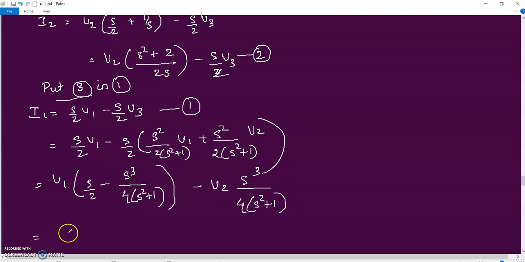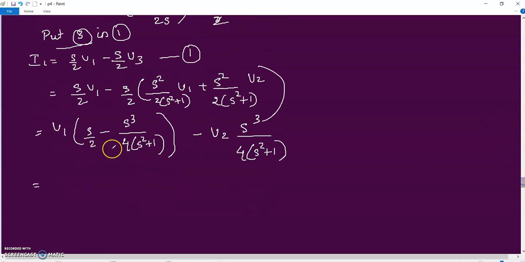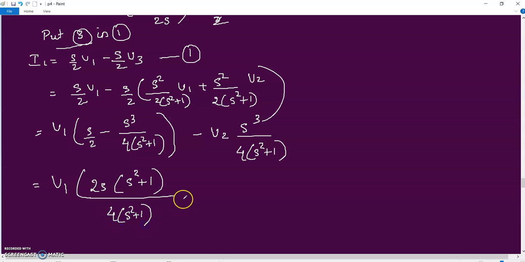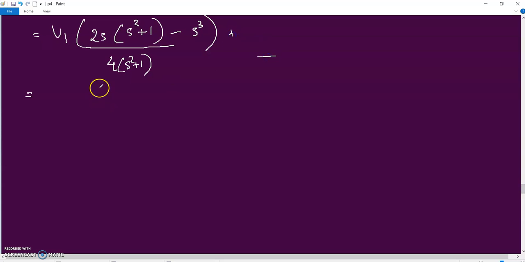So now we can solve this, the coefficient of V1. V1 into (2S into (S square plus 1) minus S cube) divided by 4 into (S square plus 1), taking LCM. Let this term, I'm not writing it again and again, plus V1 into (2S cube plus 2S minus S cube) divided by 4 into (S square plus 1).